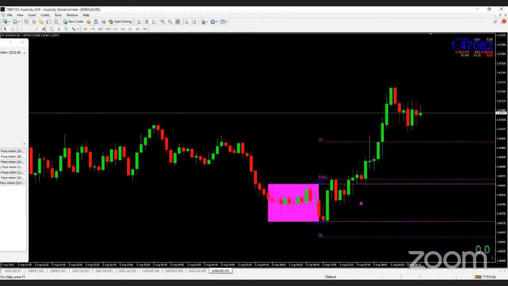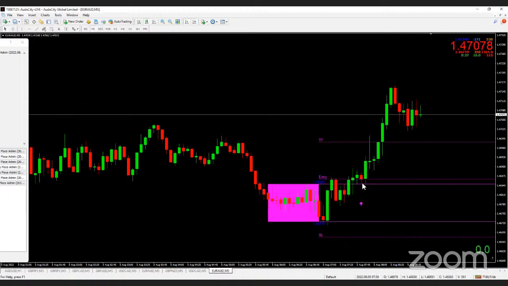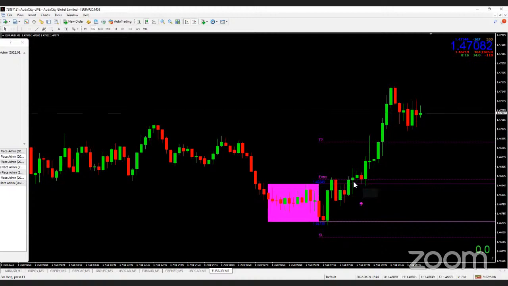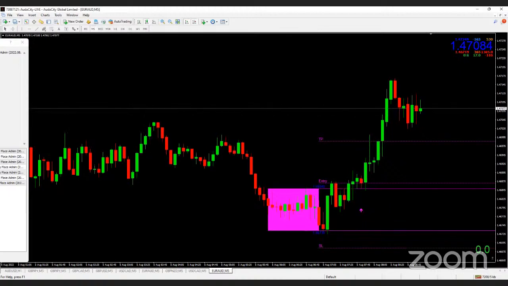On other occasions, if it gives an entry anywhere, I would place a limit order on the box or close to the box, so that if it hits it, it gives me another entry, which most likely would be a better entry. However, the indicator basically tells you where to enter. But as you trade with it some more, I'm sure you too will come to know how you could vary your entries and exits.